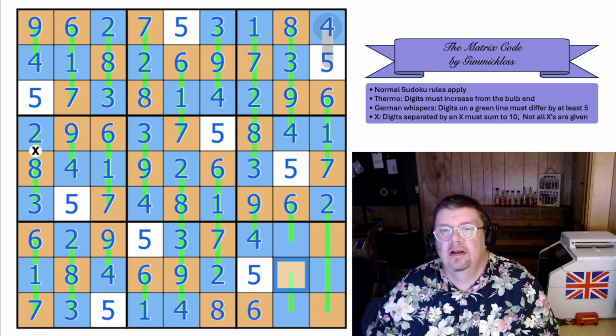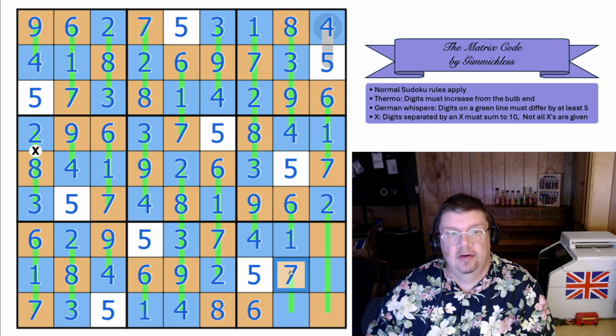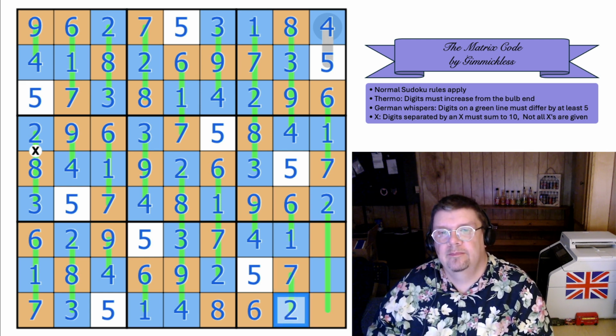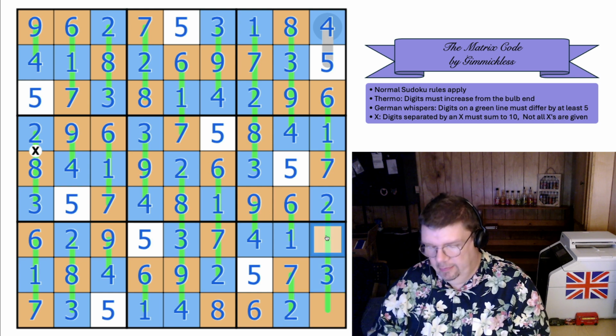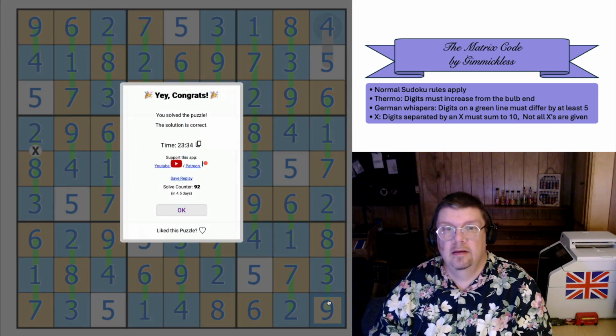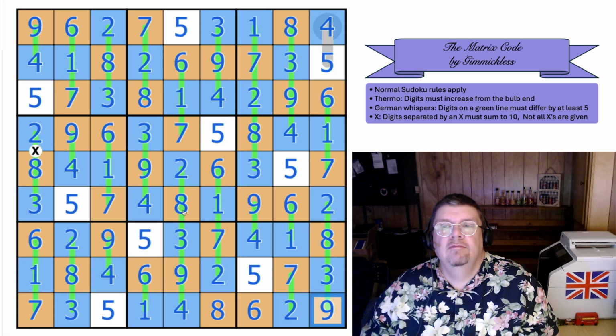That is high. That has to be a 1. This is 7 and 2. That's a 3. This is an 8-9 pair, which we can place. Very nice puzzle.